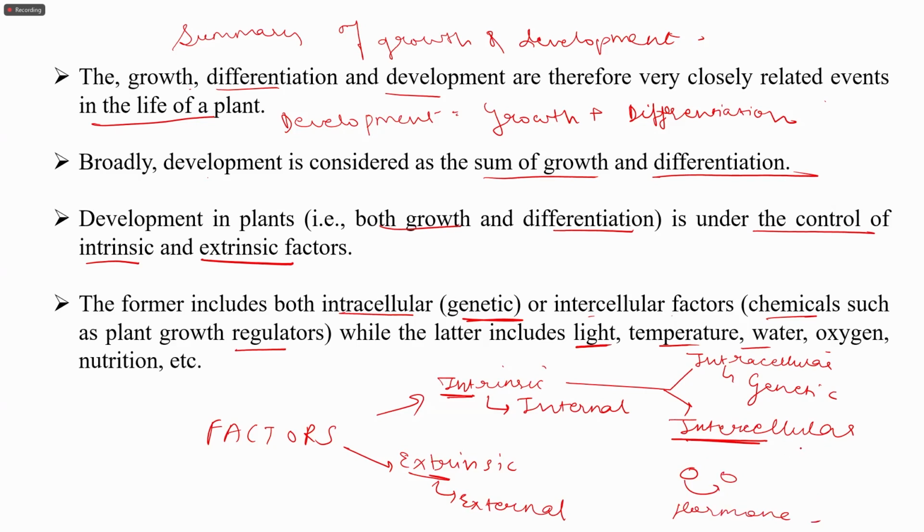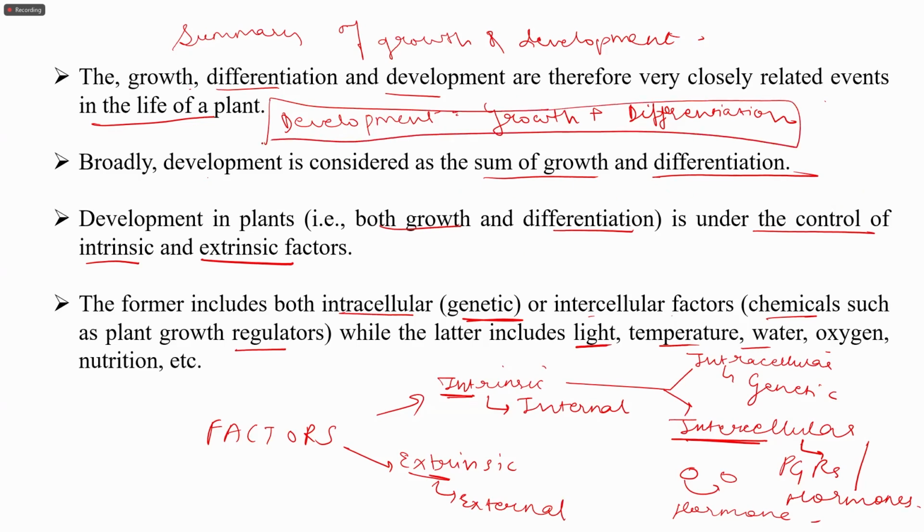So intercellular factors are the plant growth regulators, which are also known as the hormones that we will see. Right? So growth, differentiation, and development are very closely related events, and development is the sum of growth and differentiation. So development is a result of both growth and differentiation of the plant cells.